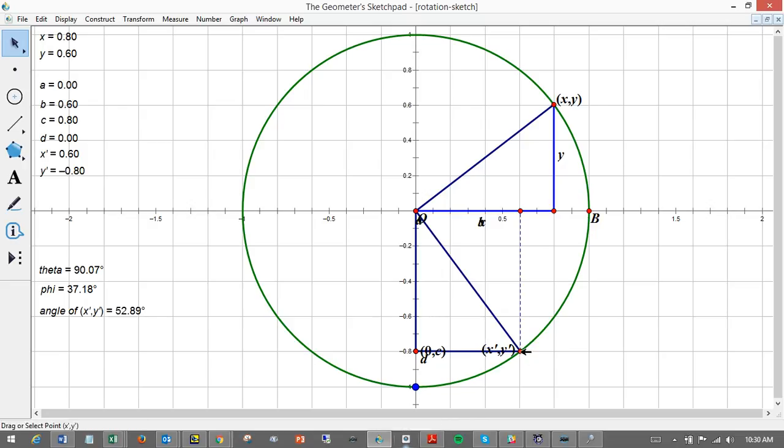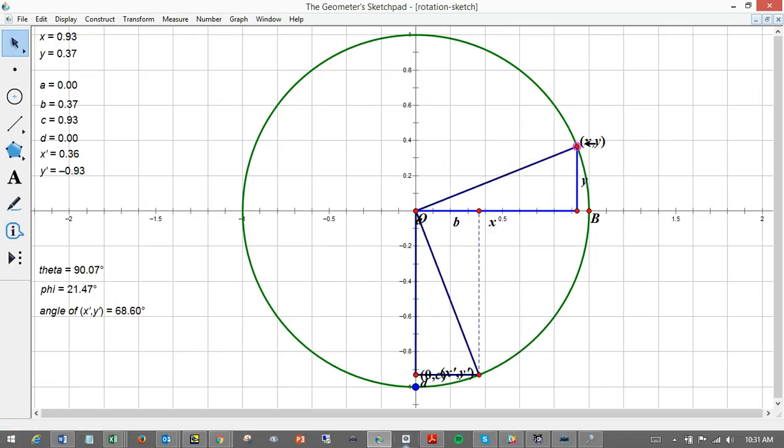And let's look at what happens. It ends up in the fourth quadrant. So x is positive, but y is now negative. The x's and y's have switched, and then we got a minus sign. So indeed, the new x is just the old y, and the new y is minus the old x. So it makes sense.